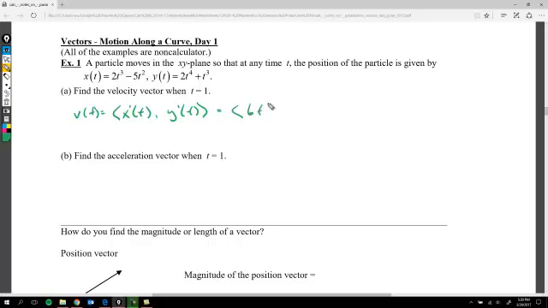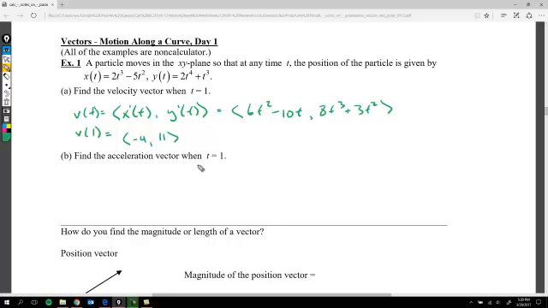I get 6t squared minus 10t, and then 8t cubed plus 3t squared. Now they want me to evaluate at 1, so I plug 1 in. I have 6 minus 10, which is negative 4, and 8 plus 3, which is 11.